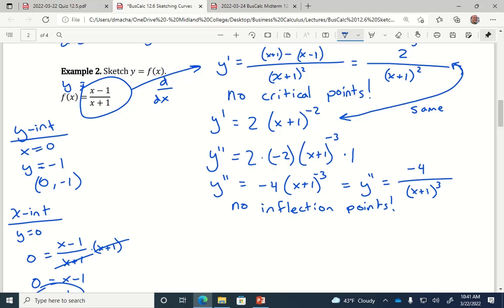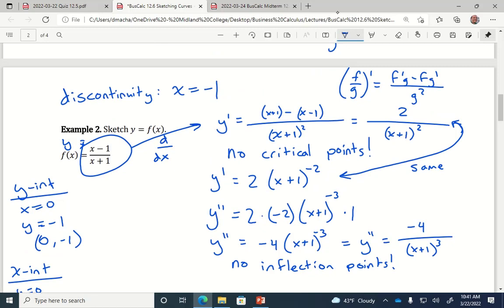step 9, really. And step 9 says, take notice of any discontinuities in the derivative. In the derivative, my discontinuity would be x equals negative 1. That was also a discontinuity I identified for my original function.